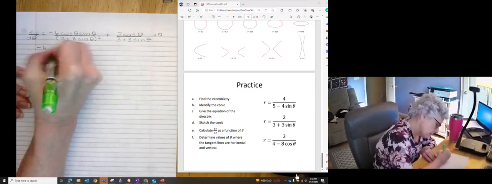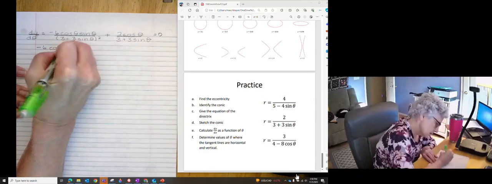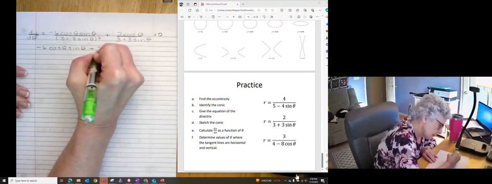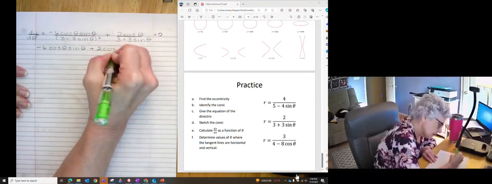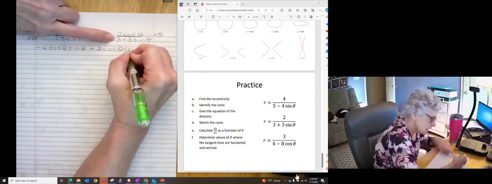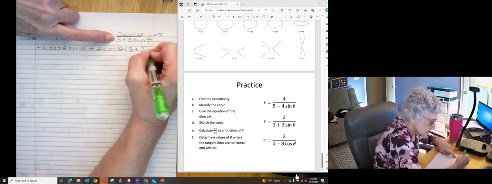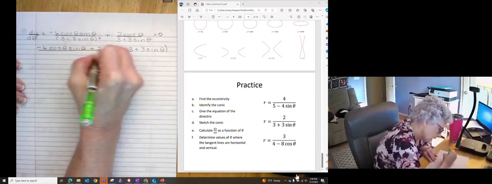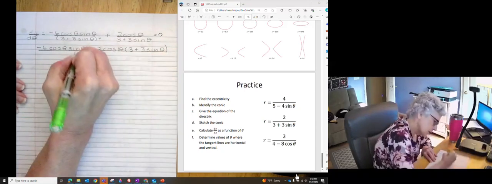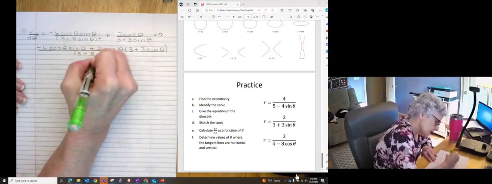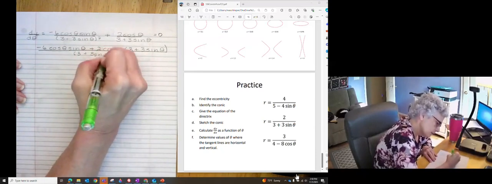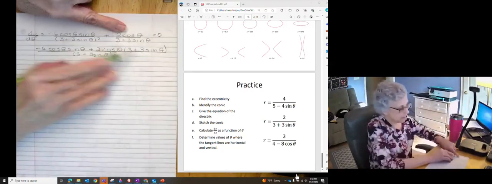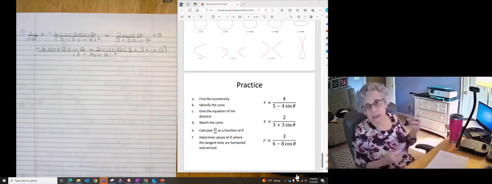So I have minus 6 cosine theta sine theta plus 2 cosine theta times (3 plus 3 sine theta), and then all of that would be over (3 plus 3 sine theta) squared, because I had to multiply this one by 3 plus 3 sine theta.